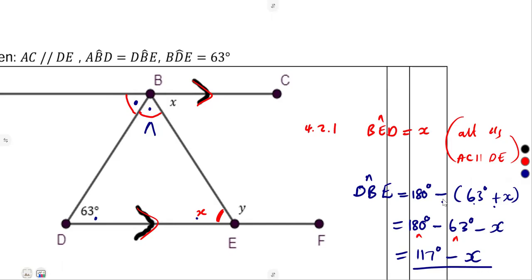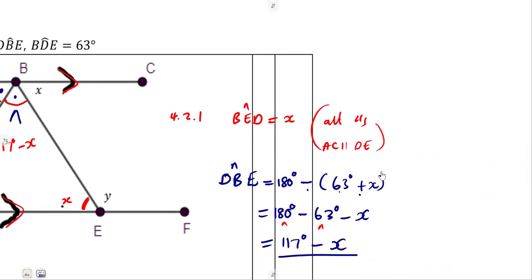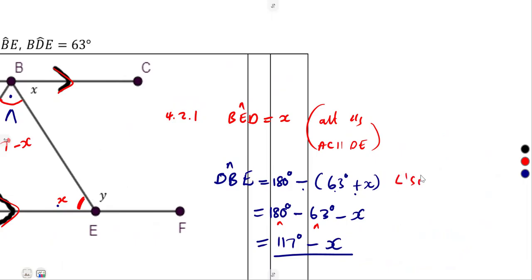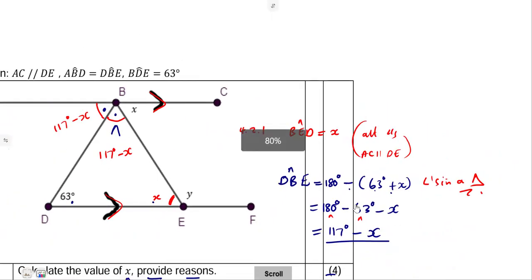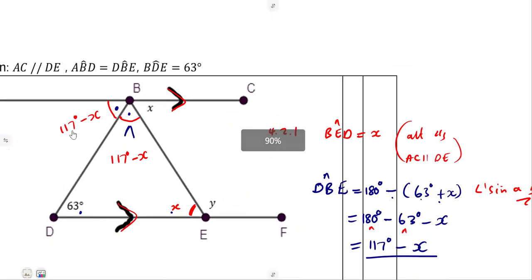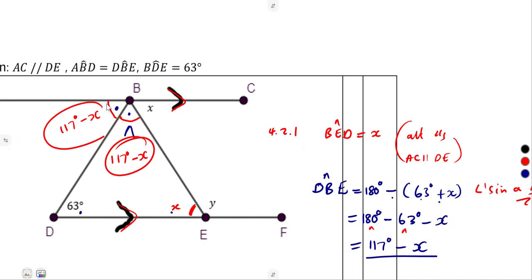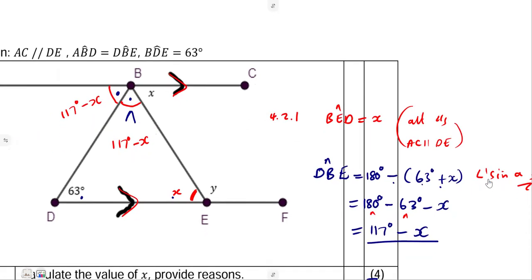So this is our angle DBE, 117 degrees minus x, which is the same as this one, 117 degrees minus x, because we're told that these two are equal. So here we're talking about angles in a triangle. If angle DBE is 117 degrees minus x, and it is exactly the same as this angle B, therefore we can calculate our angle x.